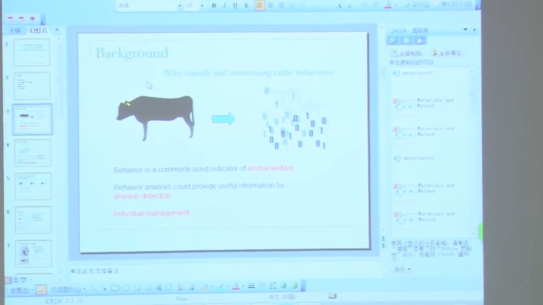This picture just shows the movement. The movement is kind of a video, but through the accelerometer it can be quantified and turned into numbers.